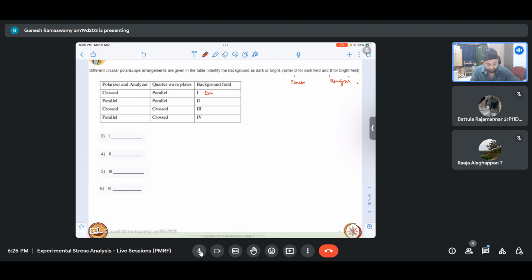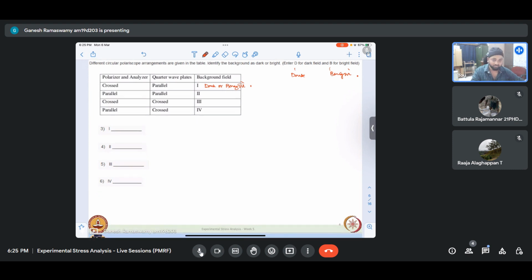So let us look at one sample case as to how we can do this. This is actually shown in the lecture, but if we were to take one, we'll just have a look at this. If polarizer and analyzer are kept crossed, let us say that my polarizer is kept at 90 degrees, and then let us say that my first quarter wave plate is kept at 135.